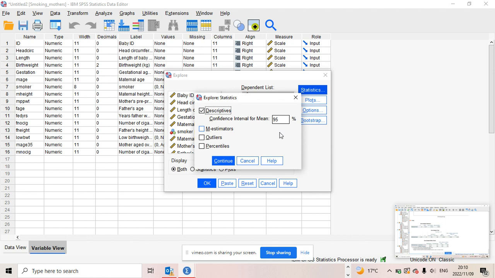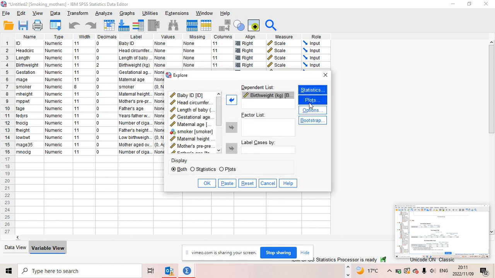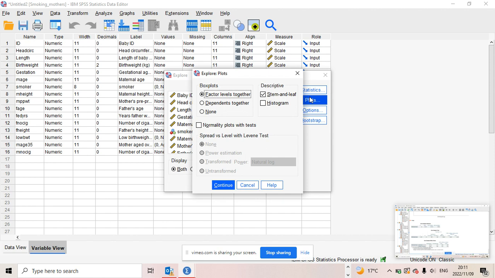Then we say continue. For the plot, we specify what exactly we are interested in.